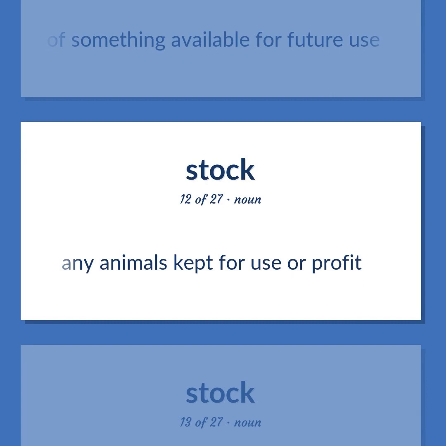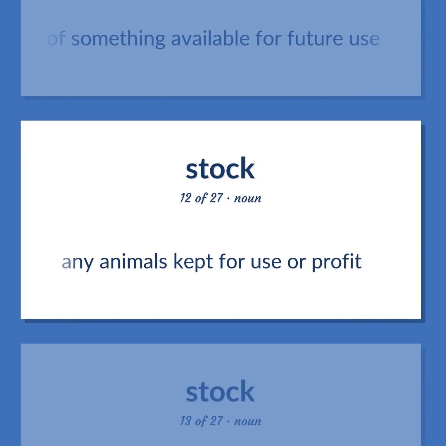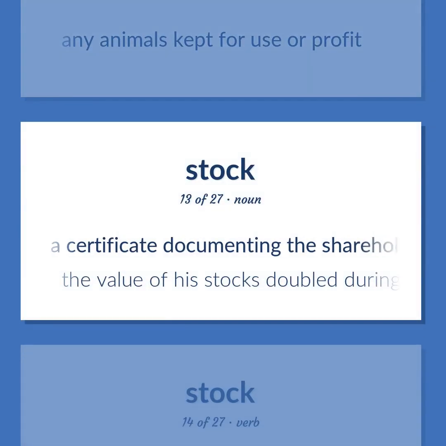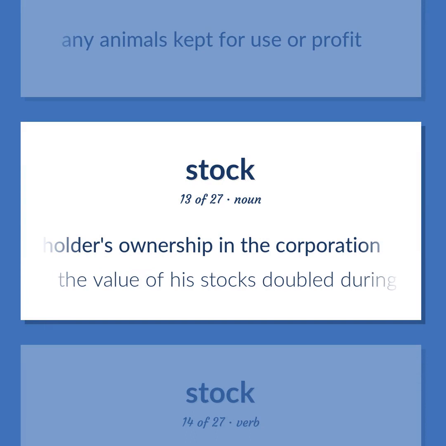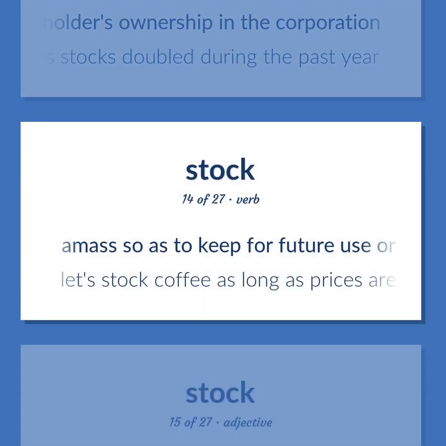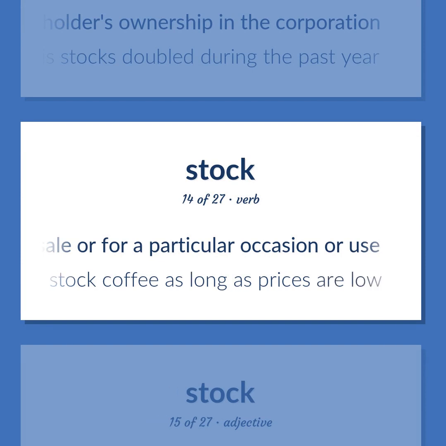Any animals kept for use or profit. A certificate documenting the shareholder's ownership in the corporation. The value of his stocks doubled during the past year. Amass so as to keep for future use or sale or for a particular occasion or use. Let's stock coffee as long as prices are low.